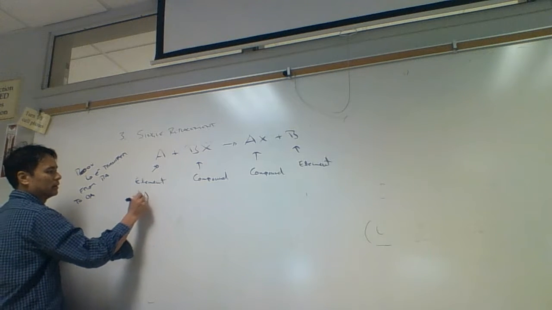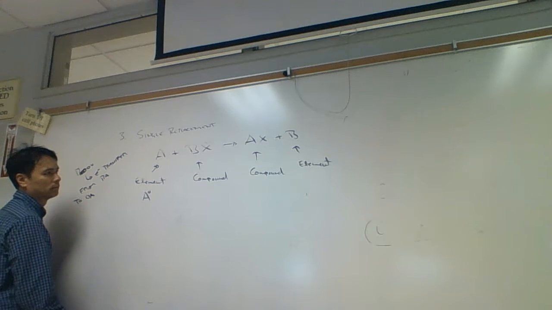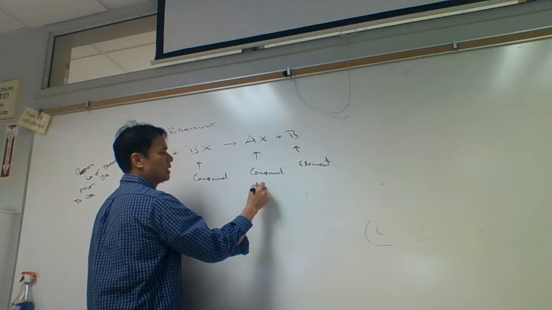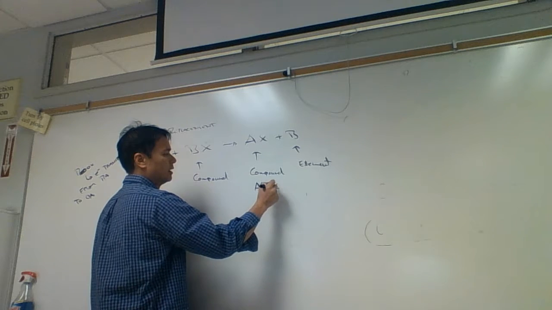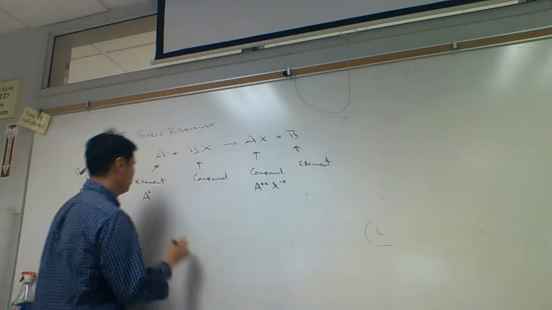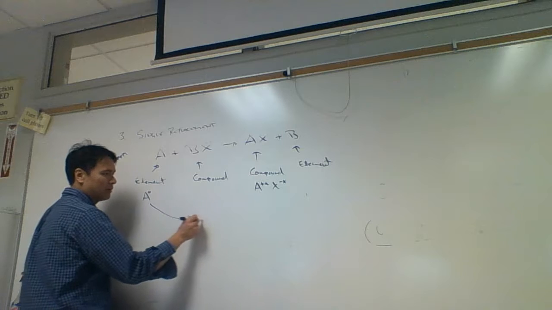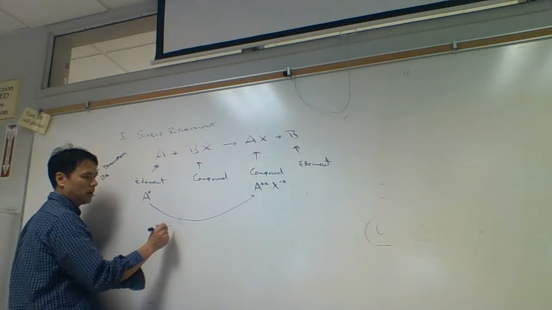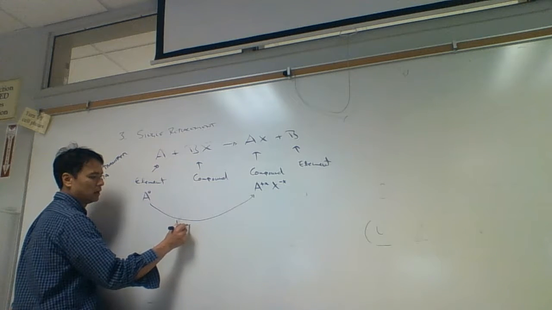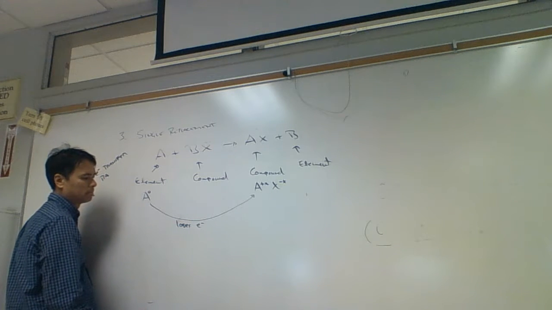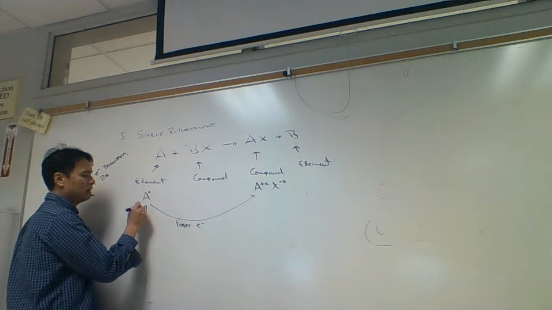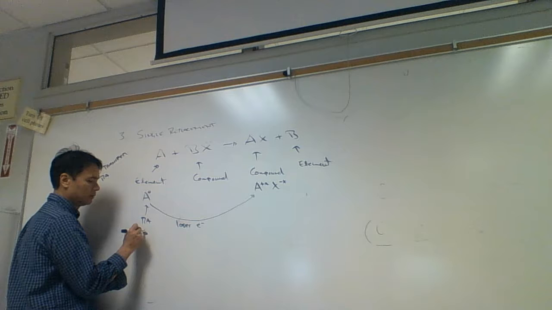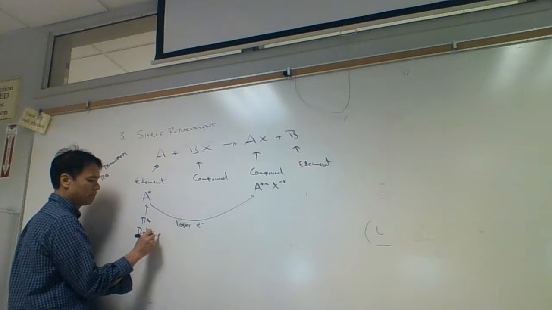The element here has no charge, and if we form a compound, then that element gains a positive charge. We'll just call it positive X, and X has a negative charge. So A went from a neutral or 0 charge to a positive charge. So it loses electrons. If it loses electrons, then we call A0 the reducing agent, RA.